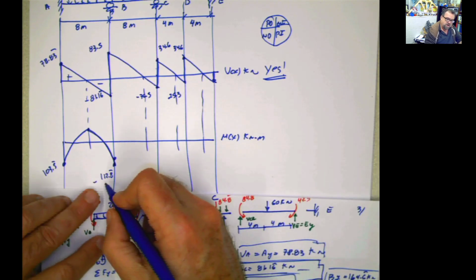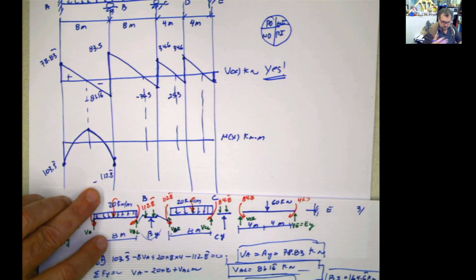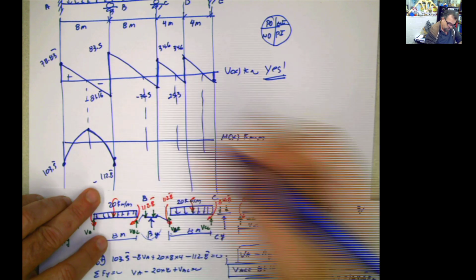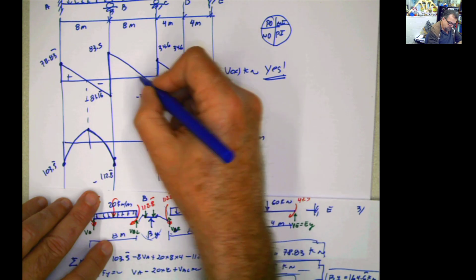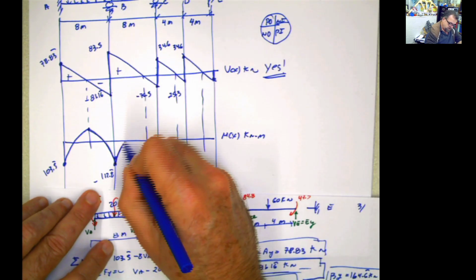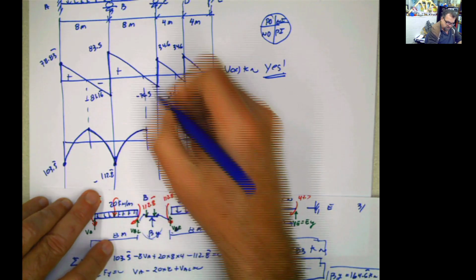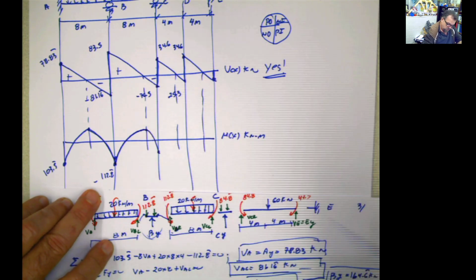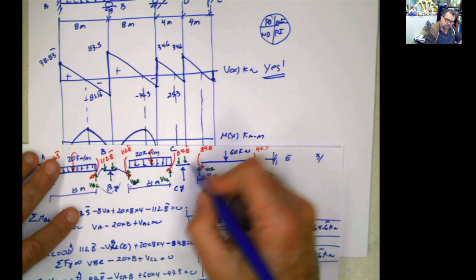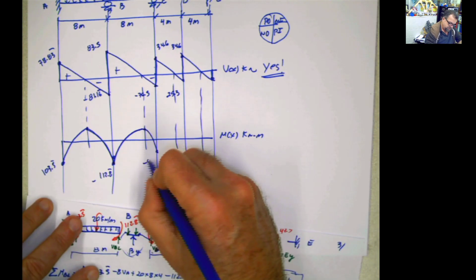Remember, this value can be 112.8, 113. It could vary a little bit because of the decimals that you're using, so don't get too freaked about that. Now, positive decreasing, positive decreasing, positive decreasing, negative increasing, negative increasing, negative increasing, and we go to this value. But we have those values here, 84.8. You see, 84.8.